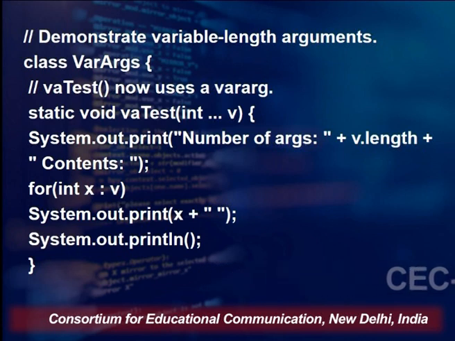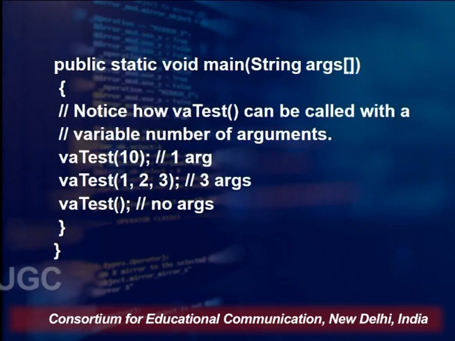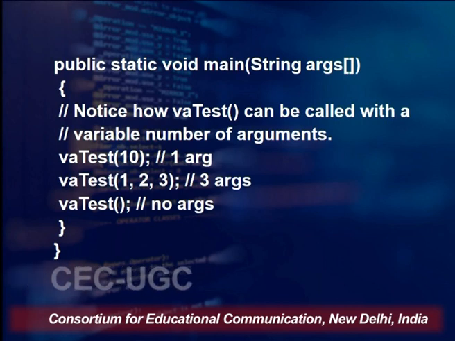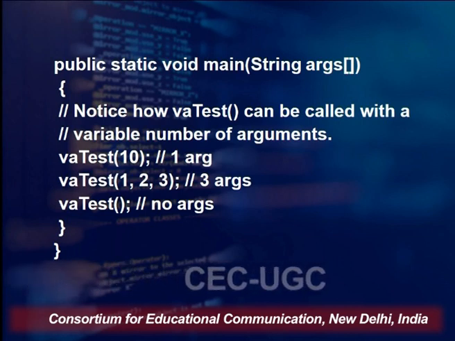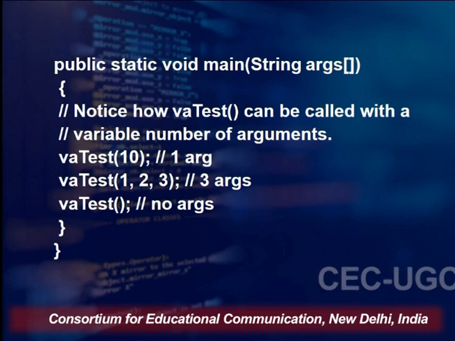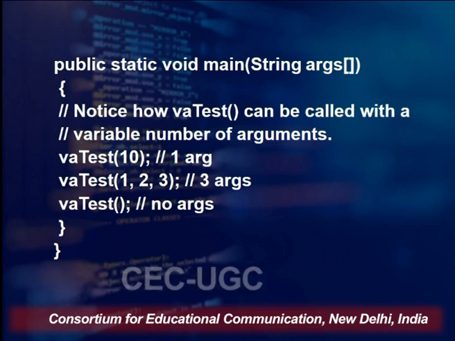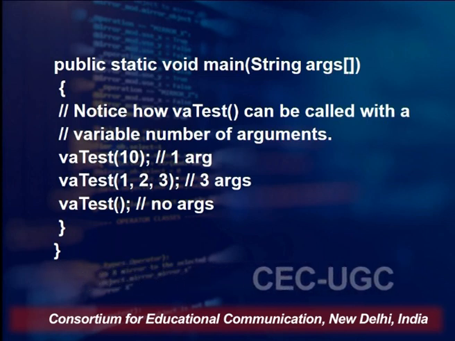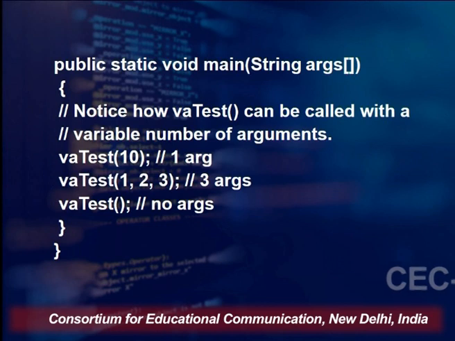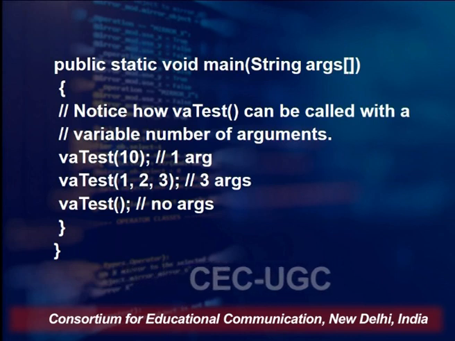So this is one of the advantages, as we are not requiring the packaging of arrays and then passing those arrays inside the varTest method. Instead, this varTest method has been declared as a variable length argument method. So that is also possible.